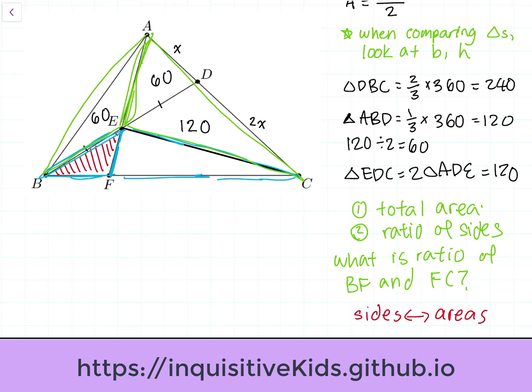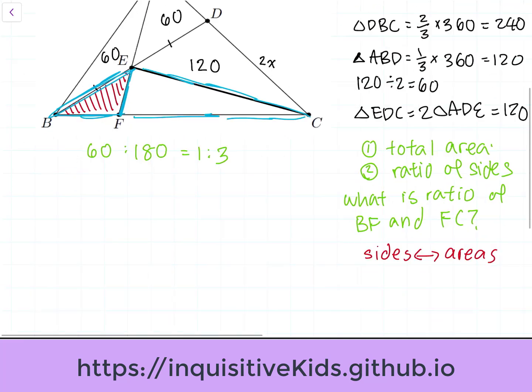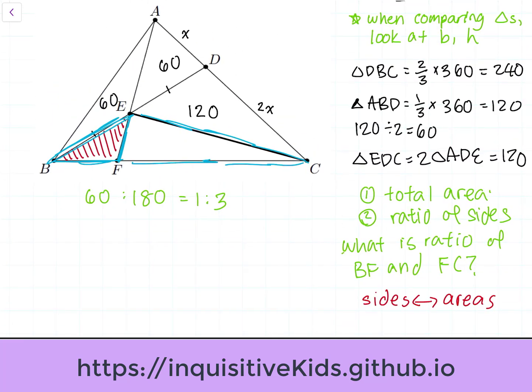They have the same height, but their two bases are different, and they're exactly the ratio between BF and FC. So what is the ratio of their areas? Well, their areas are respectively 20 and 180, which is equal to 1 to 3. Therefore, the answer to our question here, what is the ratio of BF and FC? Well, the answer to that is 1 to 3.